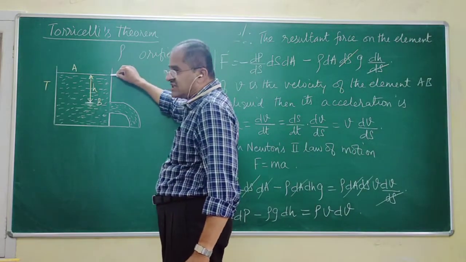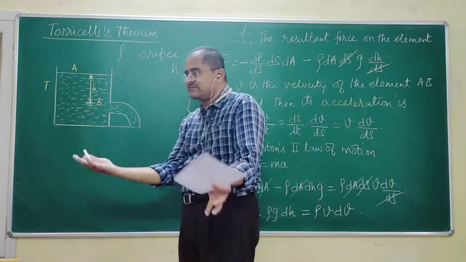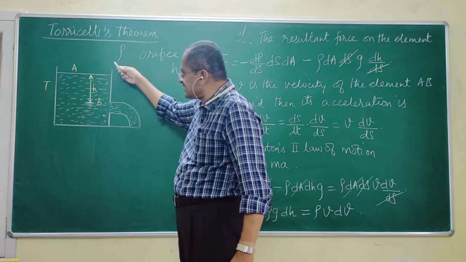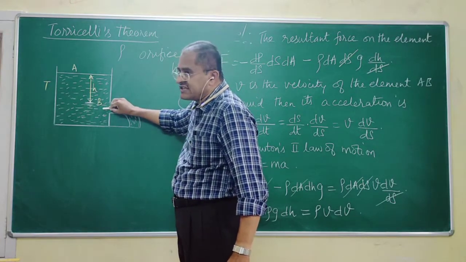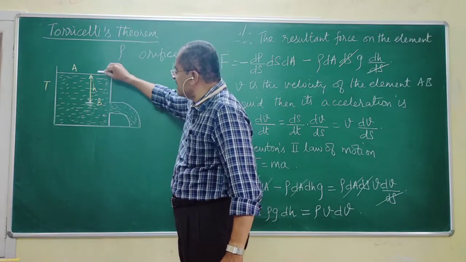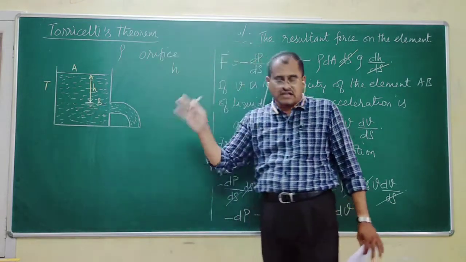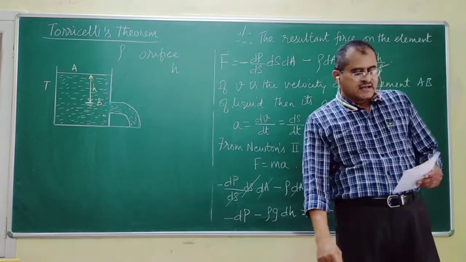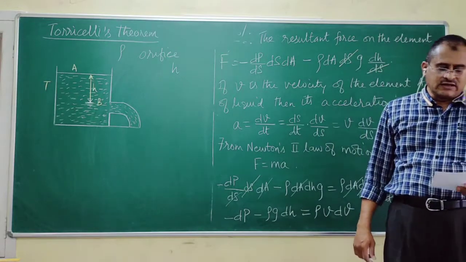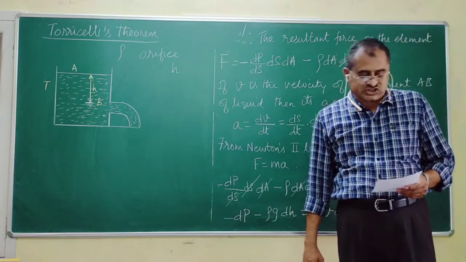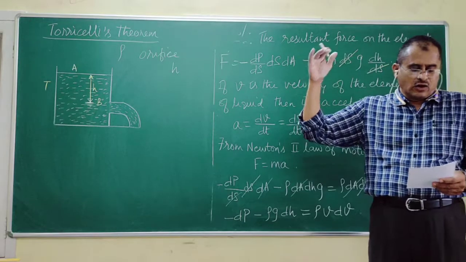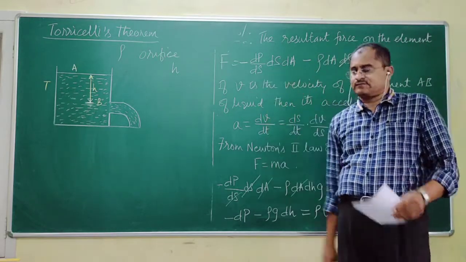This is the surface of the liquid. What I am trying to tell you is this, as simple as that. From the orifice B, the surface is at a height h. That is what I am trying to tell you. So I am repeating it once again: let the surface of the liquid be at a height h above the level of the orifice B.